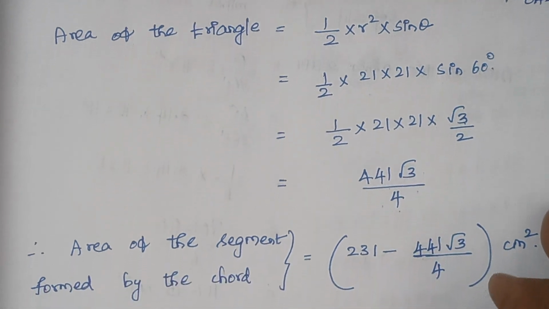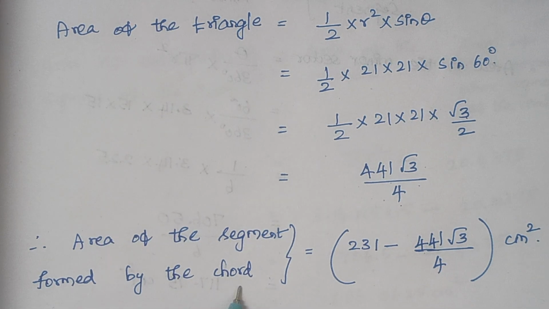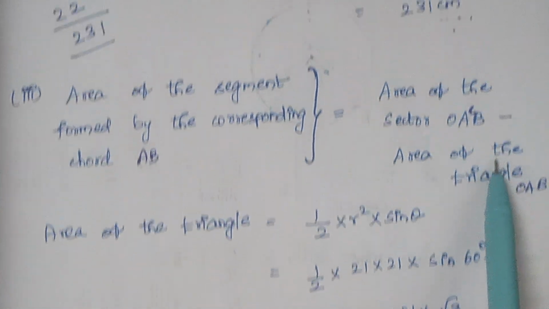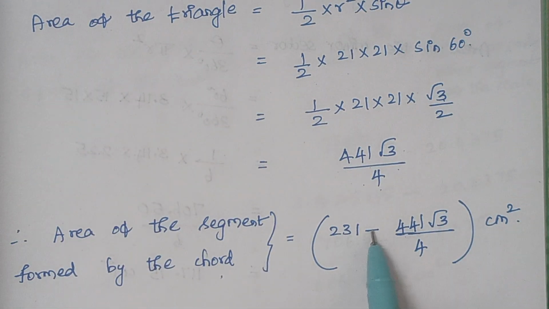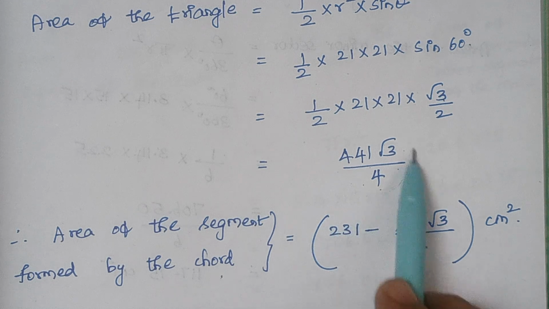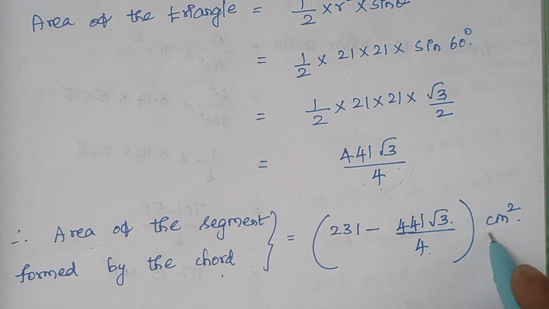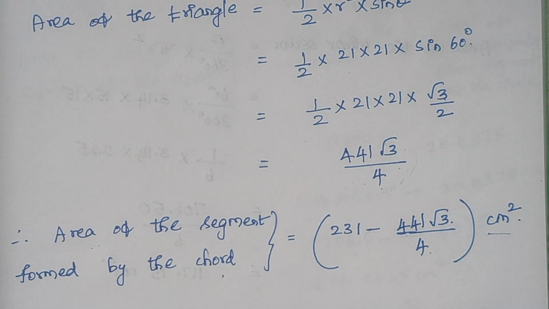So area of the segment formed by the chord is, that is you have to subtract this, right? Area of the sector. So area of the sector is 231. So here it is 231 minus this part, area of the triangle. So 441 root 3 by 4, and again this is area, therefore the unit is centimeter square, right?